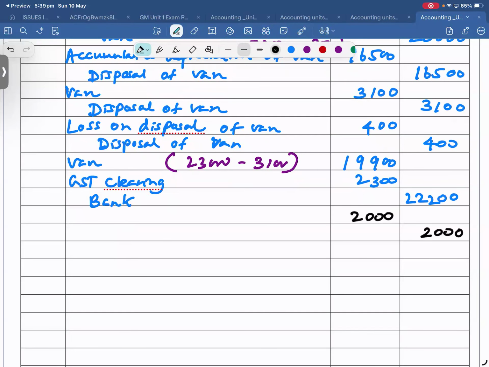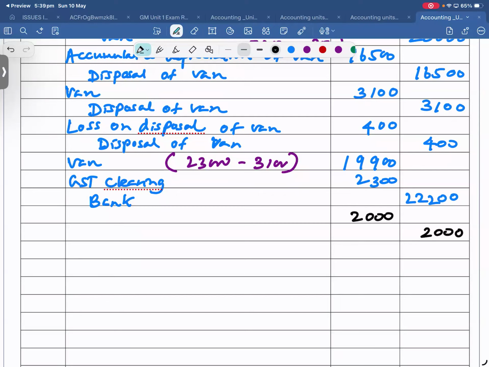Right? Gutama, you remember the double entry? Sana? Punara, for the depreciation 2,000? You remember, Dom? The double entry for depreciation?